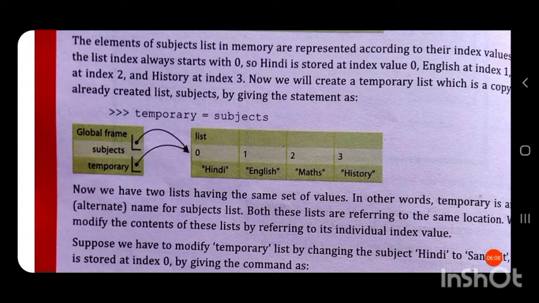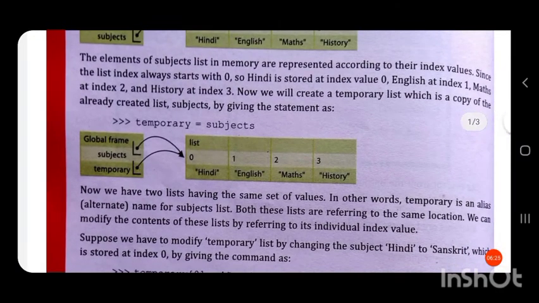So temporary is an alias name or an alternative name for the subjects list.